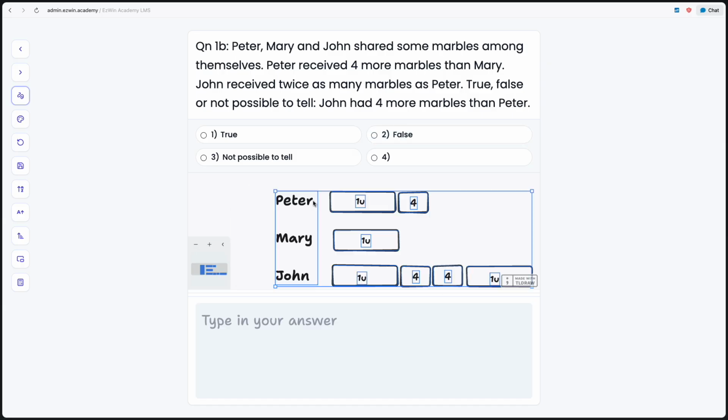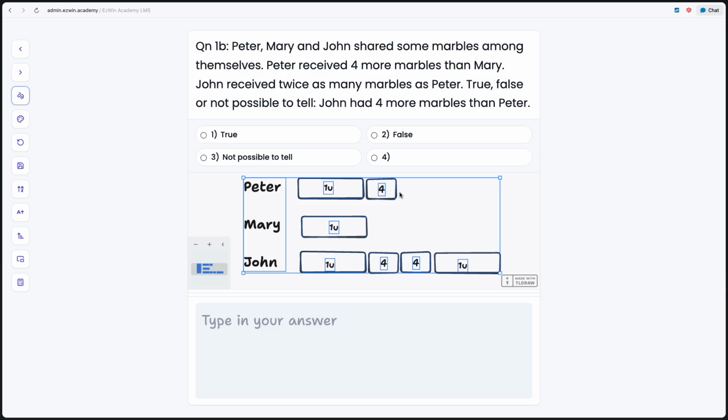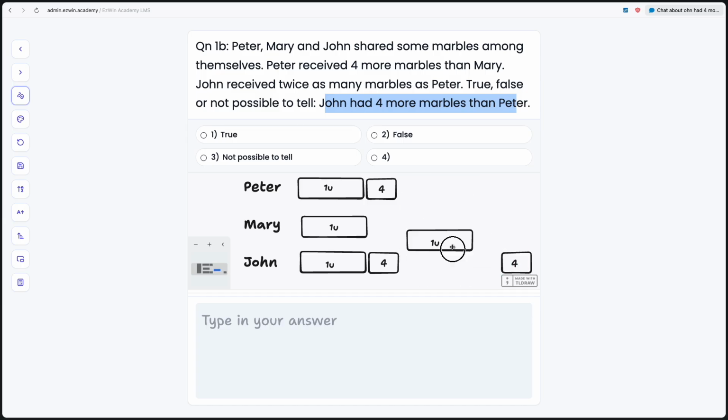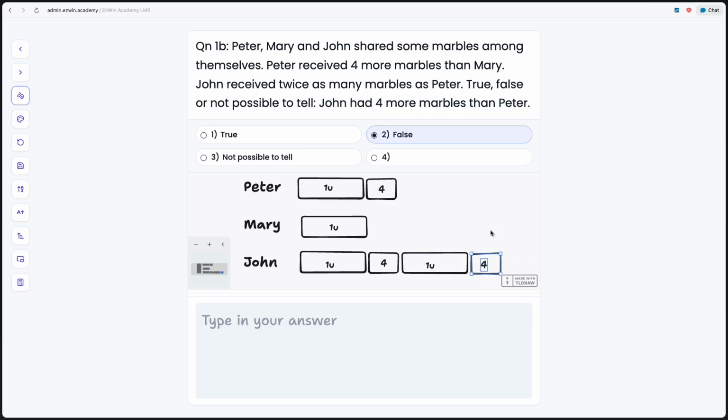The next statement says here, John had 4 more marbles than Peter. This is also false, because even though this is 4 as well, since John is twice, that means he's also 1 unit more. So in this case, this is false as well.